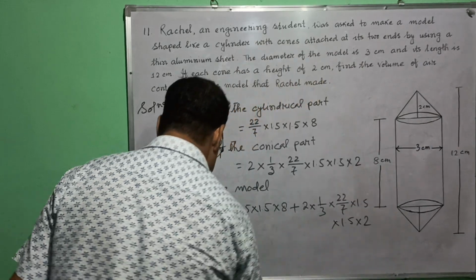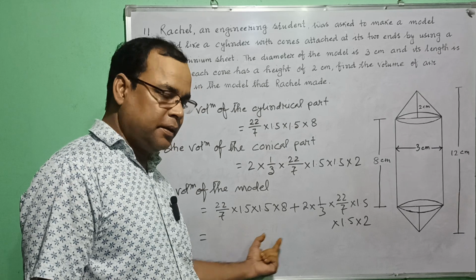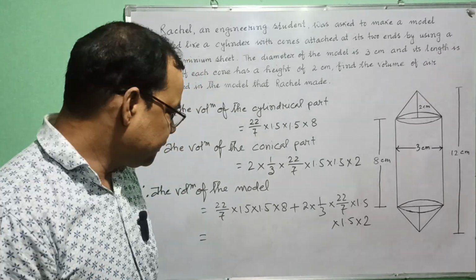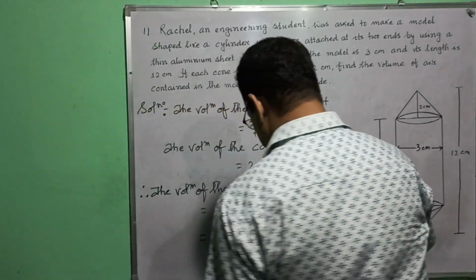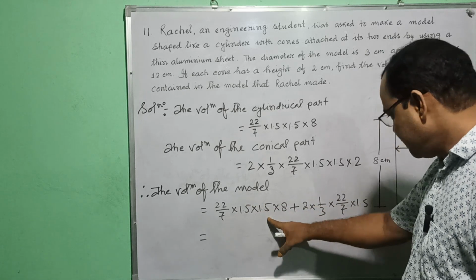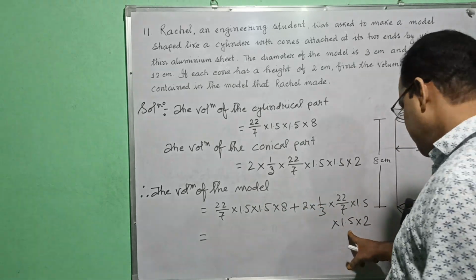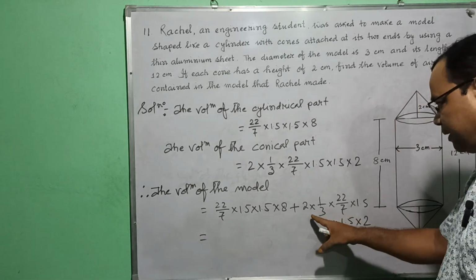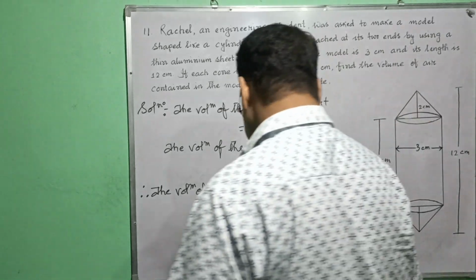So this is, now one thing you see, we can calculate here separately also, but we can make it easy by taking the common. You can see here also 22 by 7, 1.5, 1.5, here also 22 by 7, 1.5, 1.5. But here you see 2 into 4 is there, but here it is 8. So we can take 4 as common.